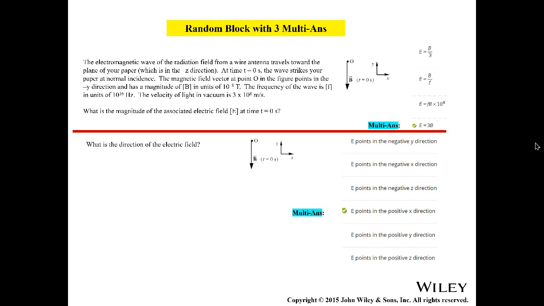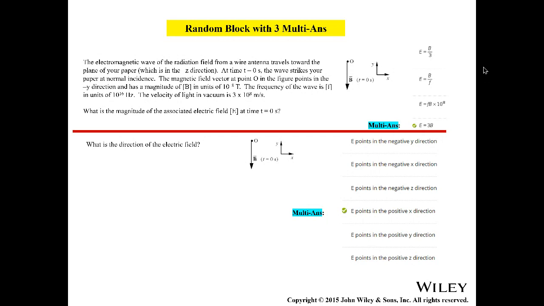I don't know how to get my z-axis. XYZ, downward is negative y, x is this way, z is that way, and what I want is, am I doing it right? Yeah, the propagation direction of the electromagnetic wave. I have E cross B, so it is coming down, points in the direction of, what is this now? Positive x direction.